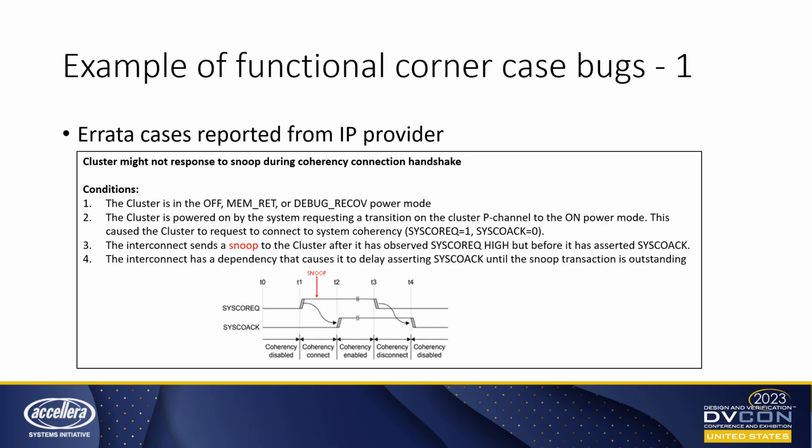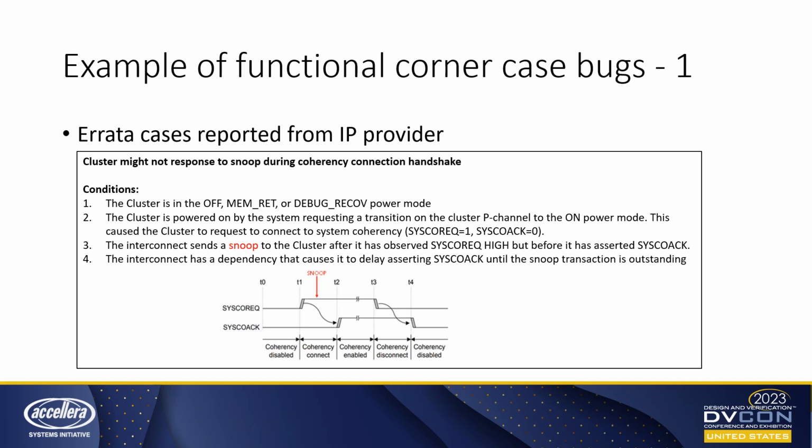I will introduce an example of this kind of complex systematic failure case. This shows an error notice from the IP provider. It is about a CPU cluster and its coherent interconnect.